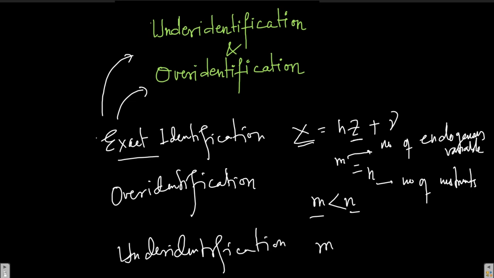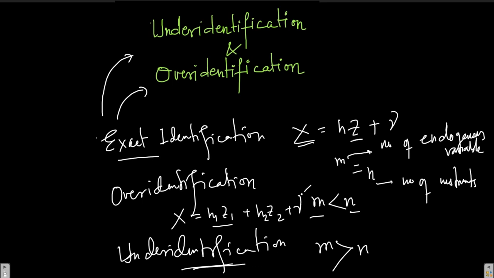An example of over-identification: I have a variable x and two instruments, h1 z1 plus h2 z2, and some gamma prime. Whereas for under-identification, I do not have any of these instruments. If I have an endogenous variable that does not have an instrument, that is a case of under-identification.